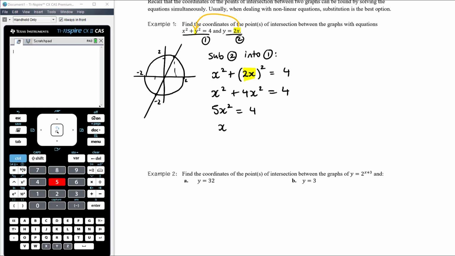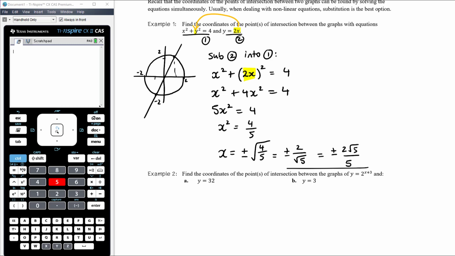And divide both sides by 5, so we get x squared equals 4/5, and therefore x is plus or minus the square root of 4/5. Sorry, I just thought I'd mistyped something there, which is root 4 is 2, so that's plus or minus 2 on root 5. Or if we were to rationalise the denominator there, multiplying the top and the bottom by root 5, that would be plus or minus 2 root 5 on 5.